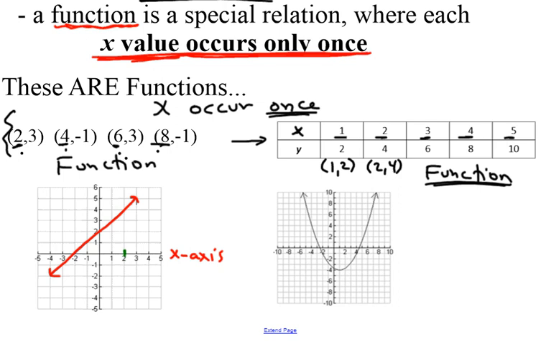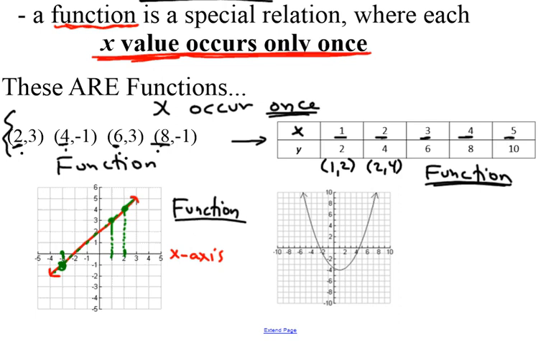Well, for my graph, when x is 2, it only happens once on that graph, right there. So x equal to 2 happens once. If x equals 1, it only happens once. If x equals -3, -3 is an x value, it only happens once. We see that each x value only occurs once, so it's a function.